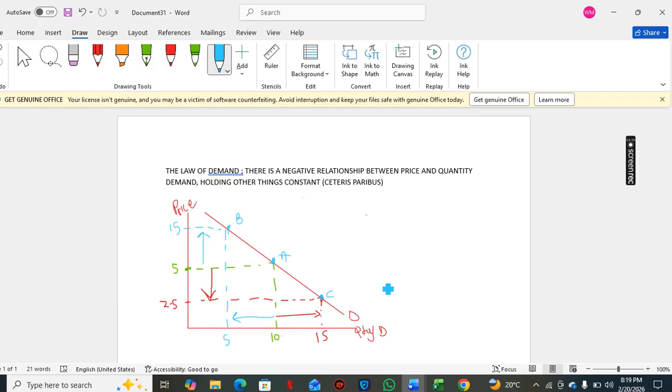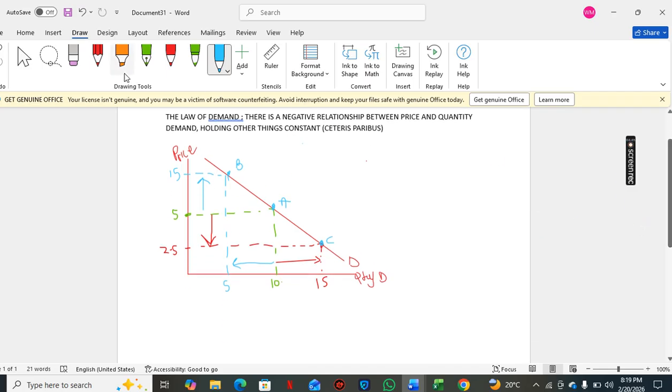So, the main reason why this demand curve is downward sloping is because of the substitution effect and the income effect. Okay.